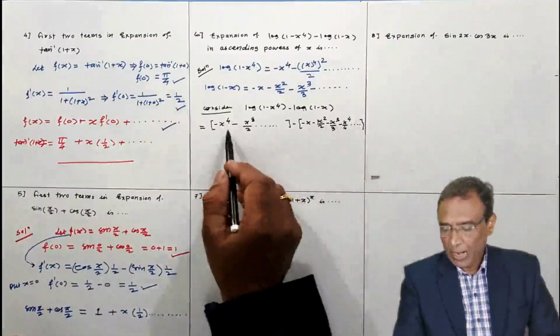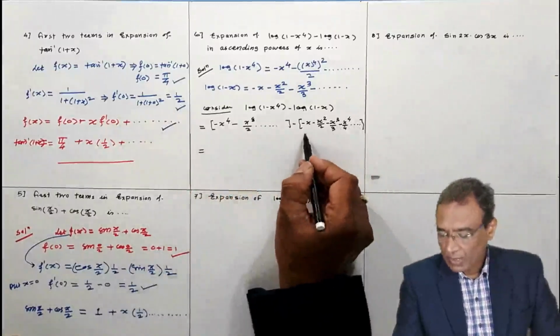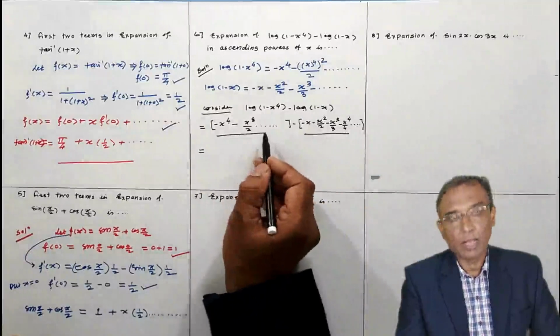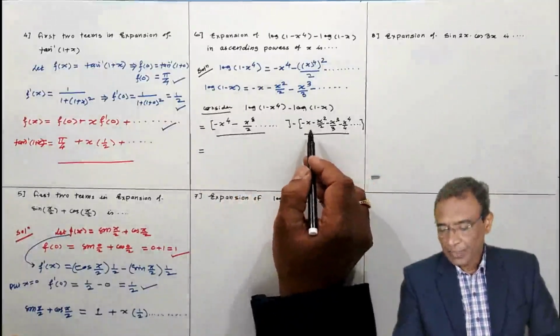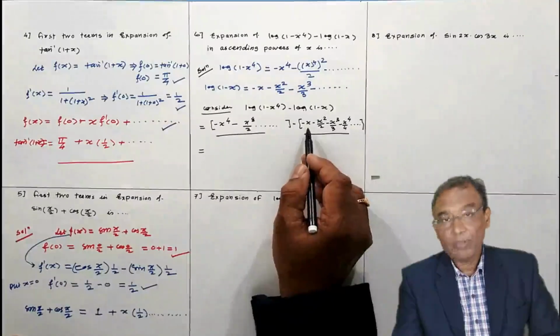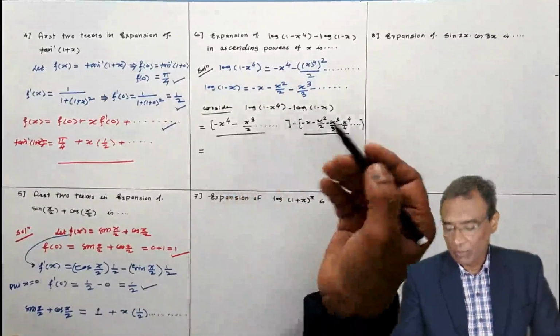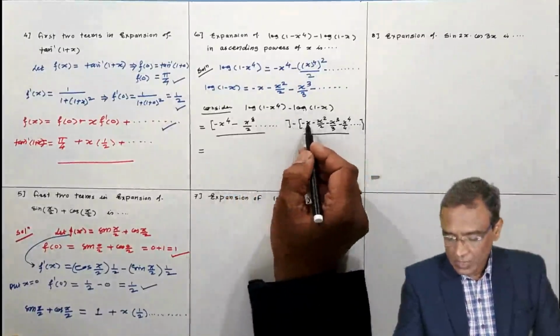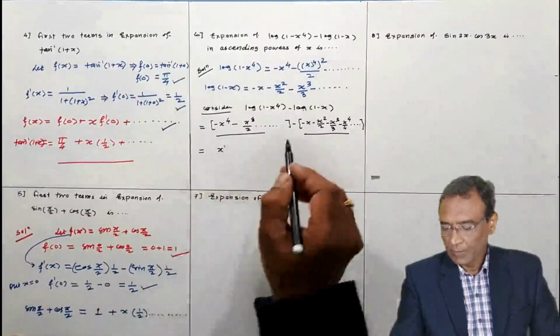That's why I have written up to x to the power 4. So you may add these two series. How do you add these infinite series? To write down the terms of x with respect to its power: minus x, this is the lowest power term.